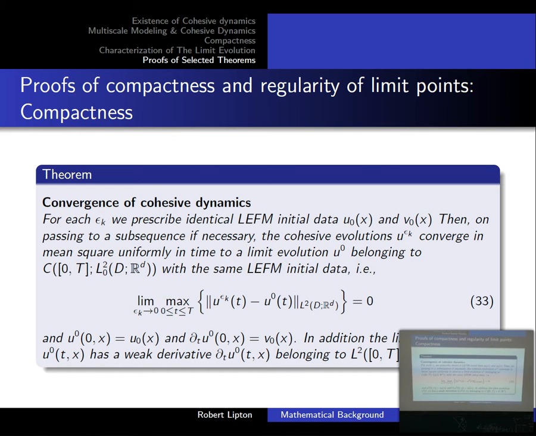Now what we'd like to do is proof of compactness. That is, given some family epsilon k of solutions, which we know exist, we'd like to say that this collection, as epsilon goes to 0, this sequence has cluster points, at least one, okay?